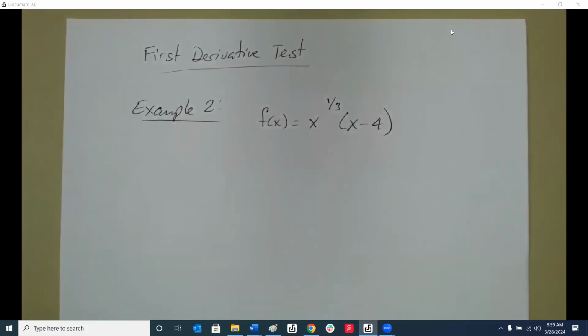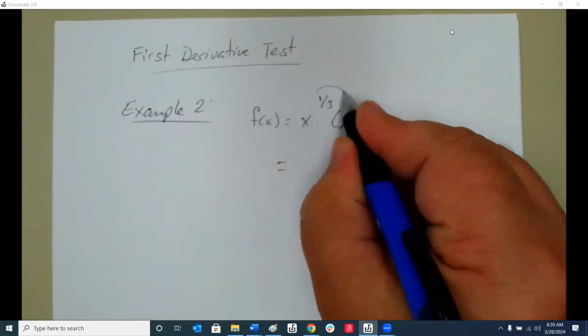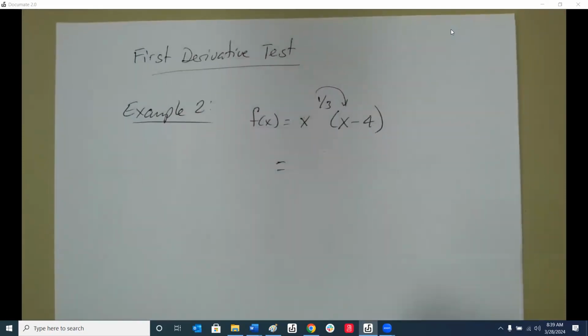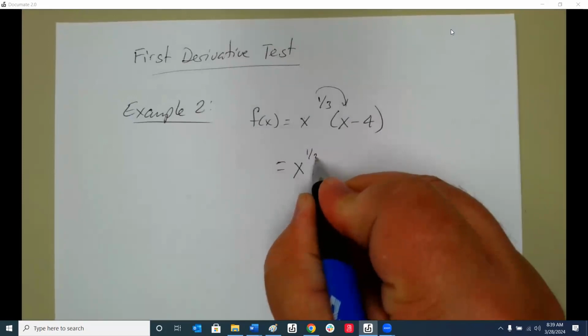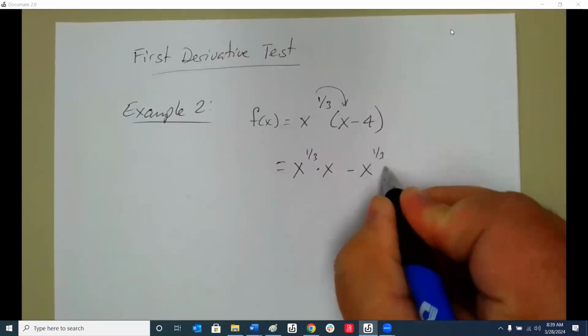Okay, what method are you using first? If you're using the product rule, that's not wrong. It's just going to take you more time. Don't feel bad, because that's typically the first thing you look at. It's a product. What if we went ahead and multiplied these two out together? You have x to the power 1/3 times x to the power 1/3 times 4.